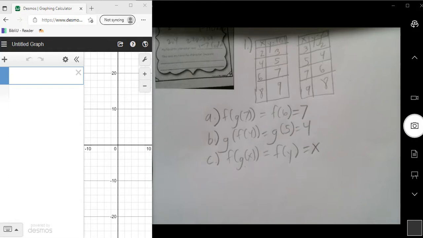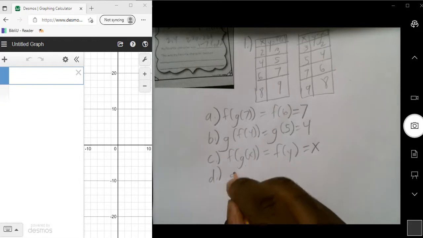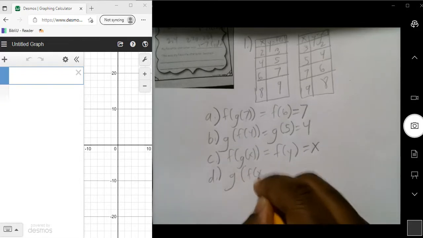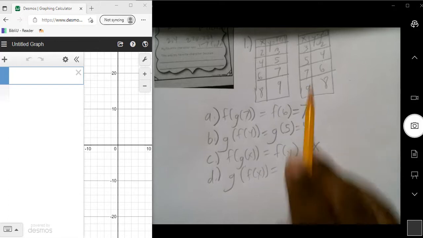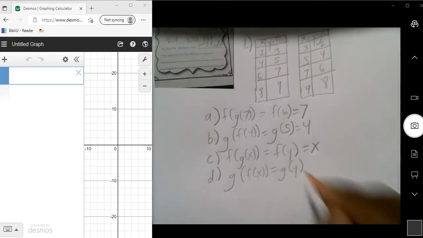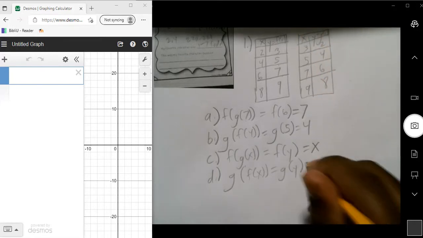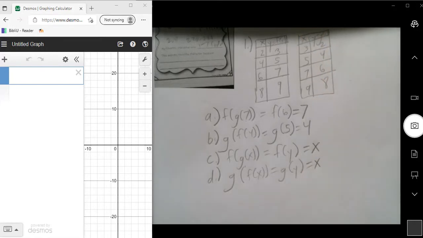Yeah, so that's just a roundabout way of finding x. And it's the same thing when you get to d. It'll be g of f of x. And we know f of x is equal to y. So this would be g of y. And what this is saying is whatever you get for y, your answer is going to be x. So that's basically it. All right, that took care of 1.